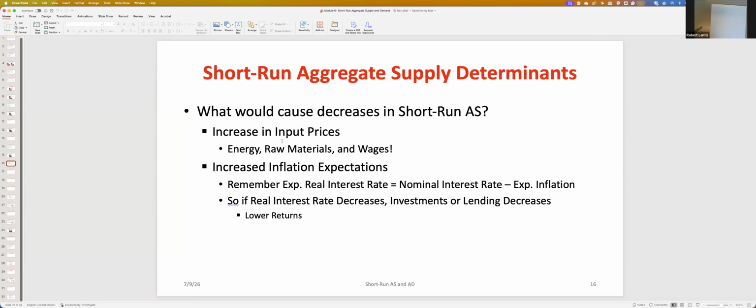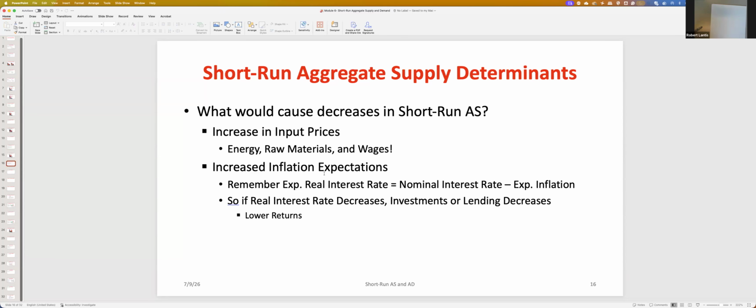So we have no change in long run aggregate supply, but in the short run, maybe the prices of labor, or wages, go up. That's going to impact only short run aggregate supply.